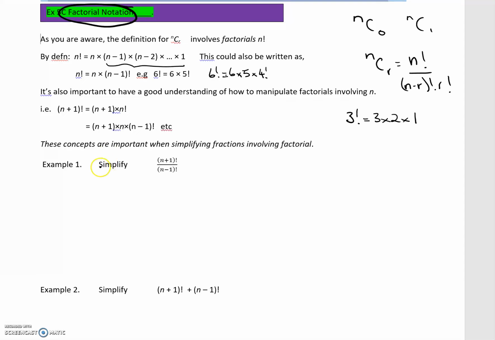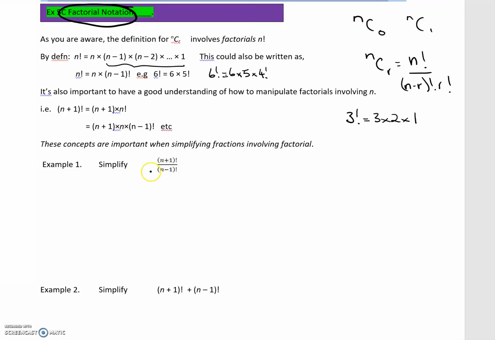Okay, let's have a look at some examples. If we're simplifying n plus 1 factorial over n minus 1 factorial, what we see here is a fraction. We're simplifying a fraction. We are still going to perform similar processes for simplifying algebraic fractions as we always have.